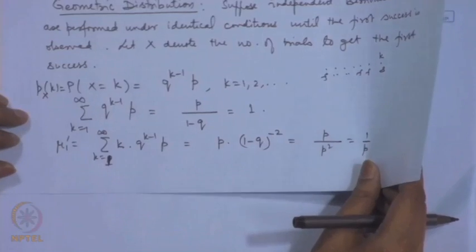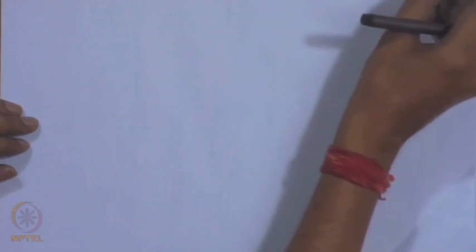Now, the moments of the geometric distribution can be calculated using this type of progressions. So, I will give the general formula for that.